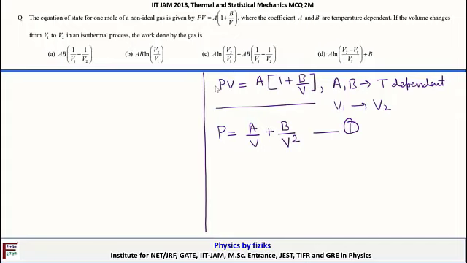The general definition of the work in any kind of thermodynamic process is W equal to the integral of P dV within appropriate limits of integration, because here the volume is changing from V1 to V2. Now we will substitute P by making use of equation 1.